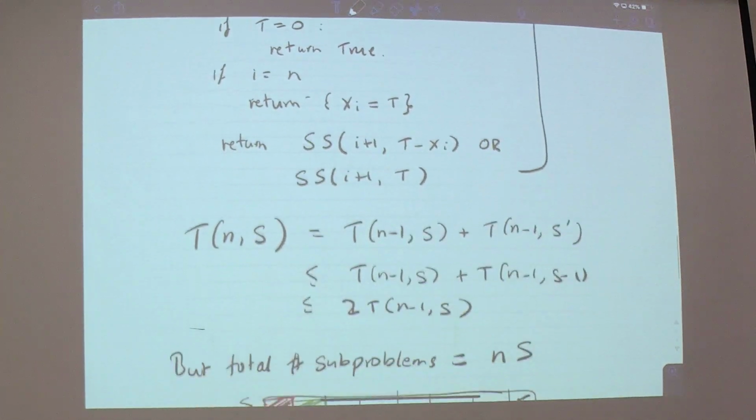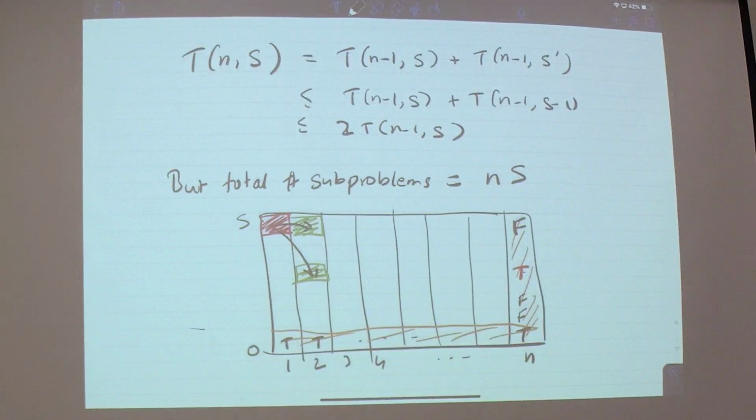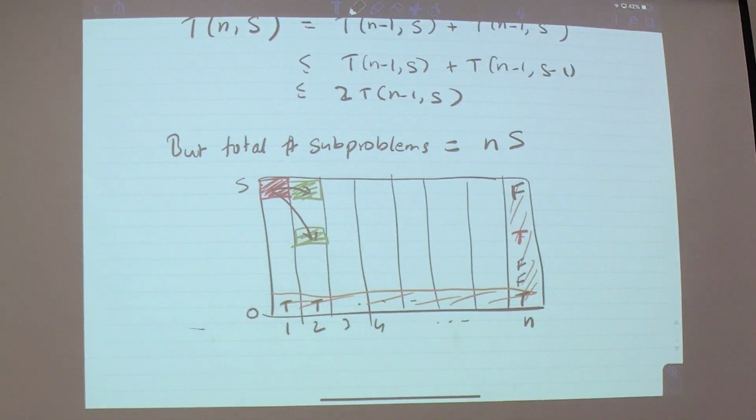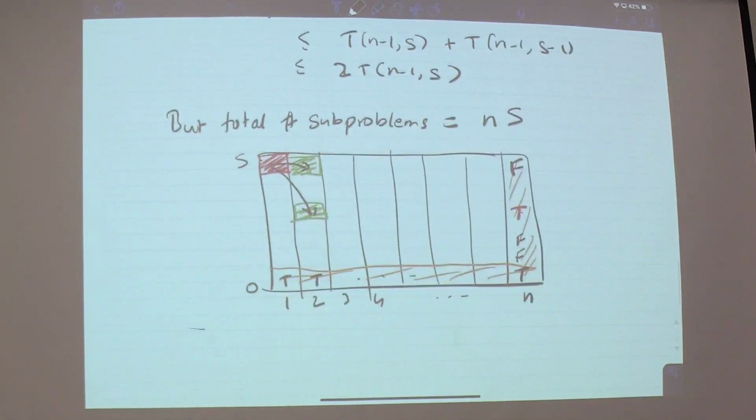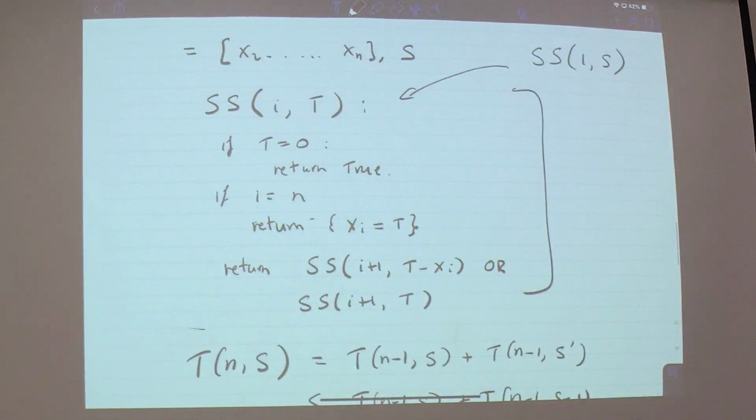So the total number of subproblems is this, and we can solve problems. Okay. So that's where we stopped. And again, like in any problem that involves recursion, you want to prove that it's correct by induction, and we talked about how that would work. And then we have to show that the running time is efficient.